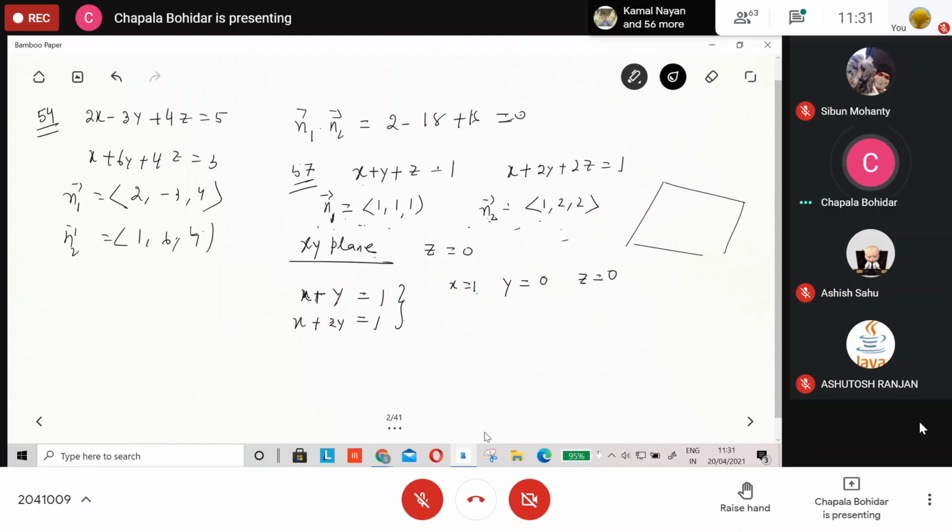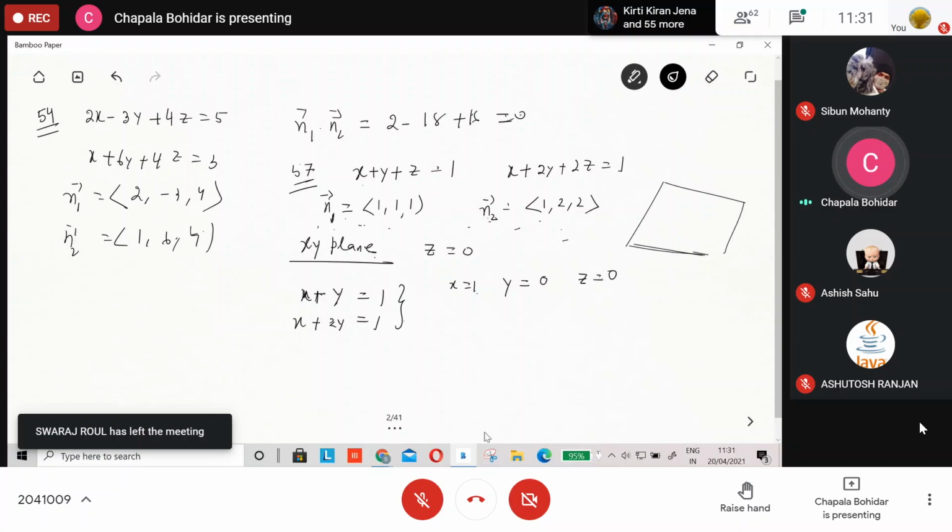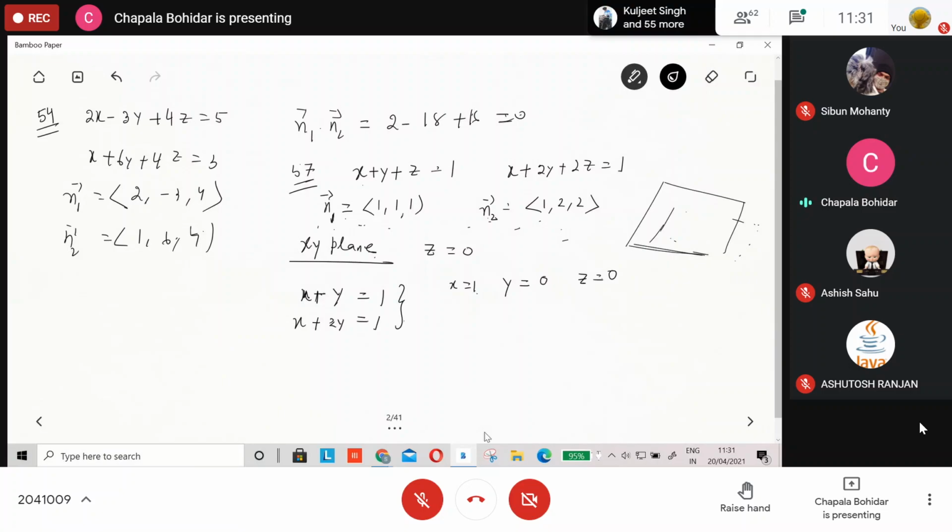I said this earlier. On this straight line, the other plane is like this. They are not parallel, and this is our acute angle.